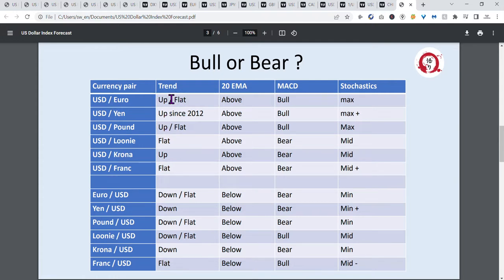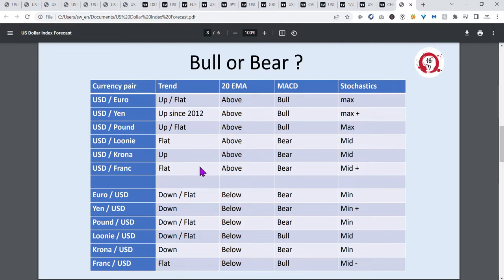And the trend is upwards. The currency is above the moving average. MACD is in bull mode, and stochastics, which is my measurement of energy, is at the maximum level or higher in the case of the yen. Of course, yen's just killing itself, shooting itself in all its feet.